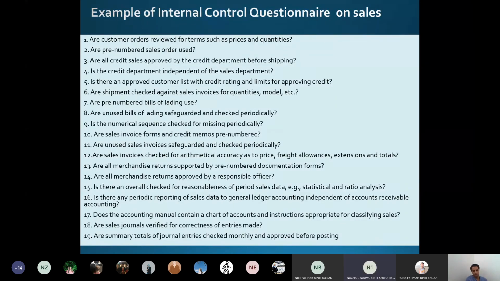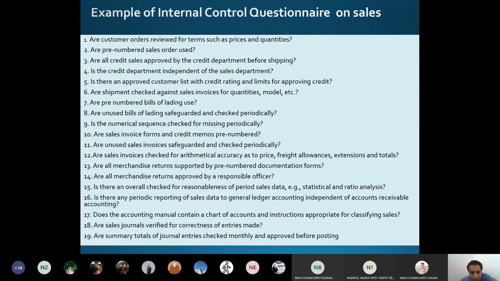Does the accounting manual contain a chart of accounts and instructions appropriate for classifying sales? Okay, so question number 17 is trying to check the recording now. We are trying to see whether they have internal control related to recording transactions.